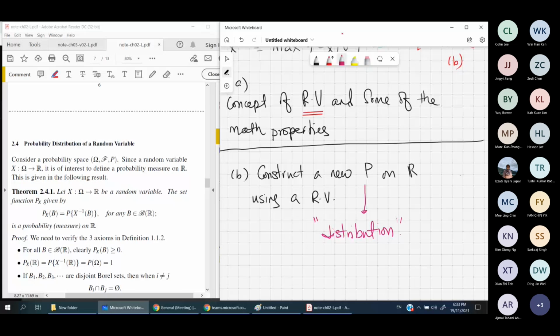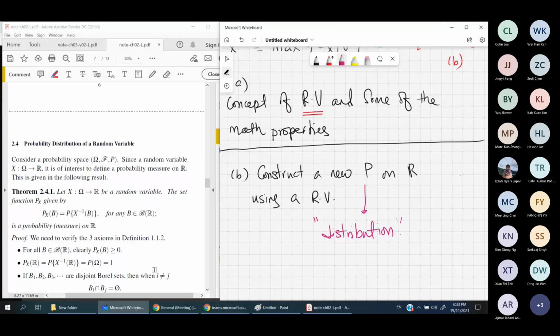At first we have a given sample space and a given sigma field, and then we consider some random variable on that sample space, and then we use that random variable to construct a new probability, and all those will be distributions. In a way you can say a distribution is a probability which is related to a random variable.